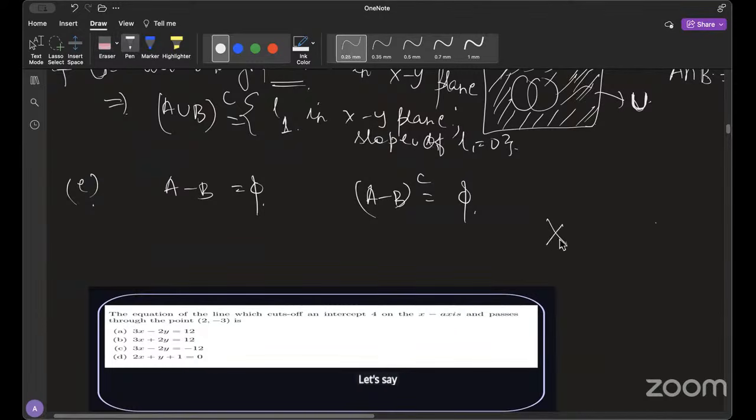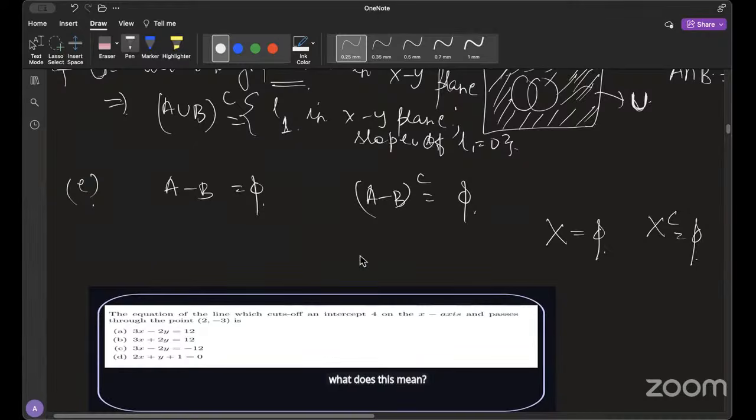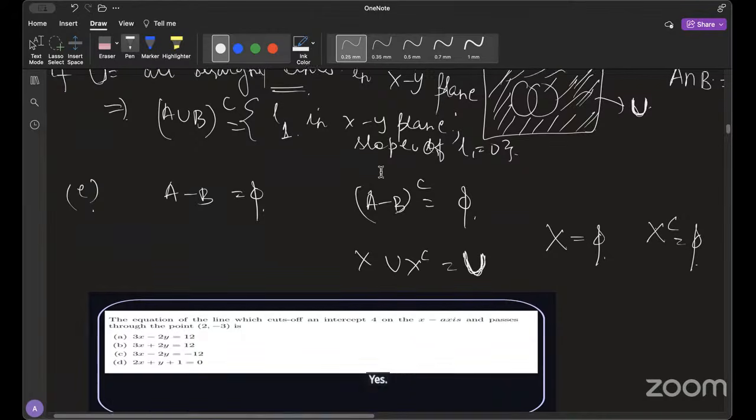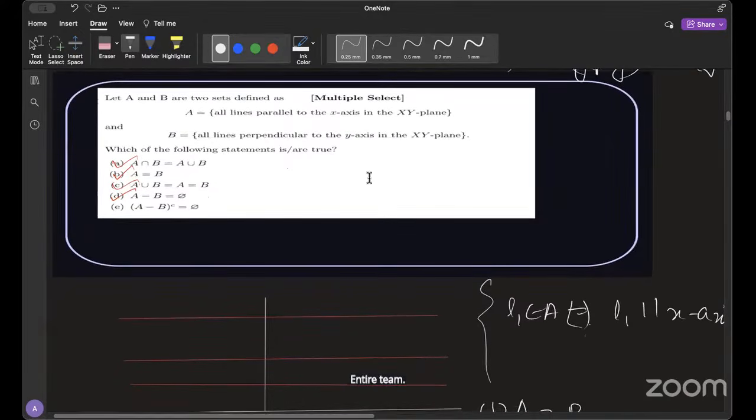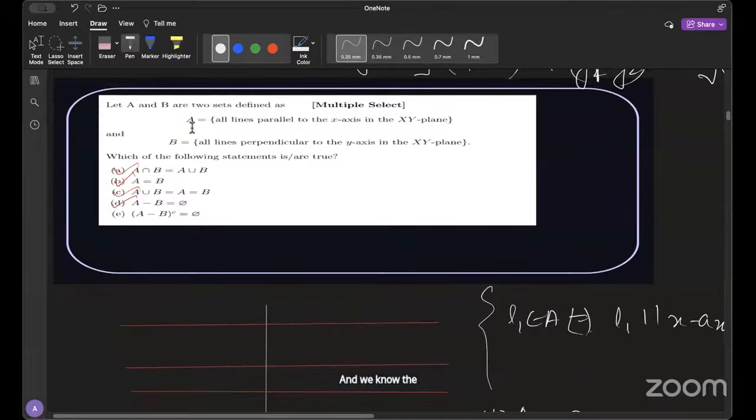Let's say you have a set X and you say that this X set is empty, and then you say the complement of this set is also empty. What does this mean? We know that X union X complement is the universal set, right? That means the entire set that you have to consider. And we know the universal set obviously has A and B, right?